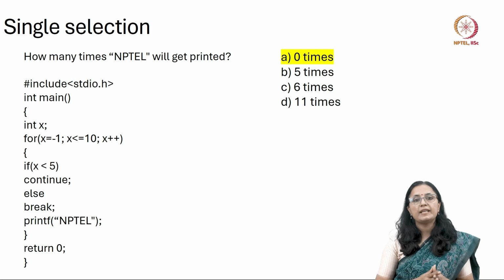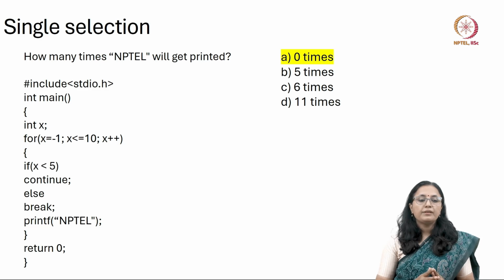So 5, 6 and 11 are distractors, and each of these distractors is actually catching students' misconceptions. 0 is the right answer because the printf statement is not reachable: the continue skips to the next iteration when x is less than 5, and this leads to a break or exit from the loop when x is greater than or equal to 5. So NPTEL will get printed 0 times.